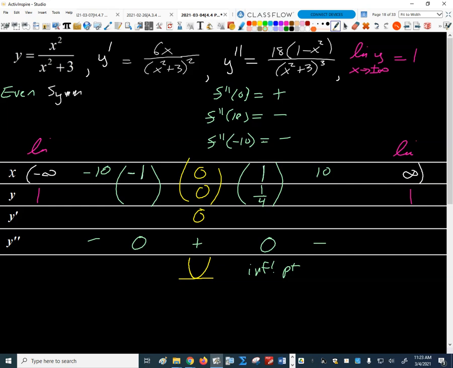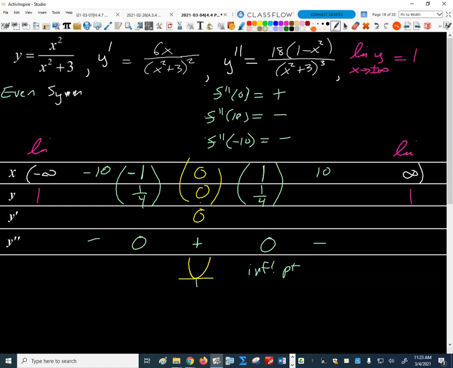So everything that's happening to the right of 0 has to be mimicked on the left. I know I have to get back 1/4 because when I go 1 to the right, I have to have the same output as I do at 1 to the left. Okay, and this makes sense now. This was kind of perplexing me a second ago. If that was odd, we wouldn't have expected this, but I should have everything duplicated on the left side. So if that's negative, that's negative. It's literally like I'm just folding this page around that vertical line, and I should get the same values in y and y double prime.